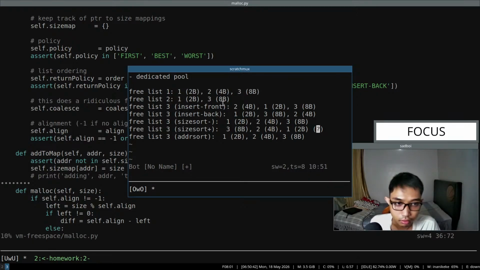And let's put question mark here, because again I'm not sure how we insert the returning free space when using size sort plus or even minus here. Okay.